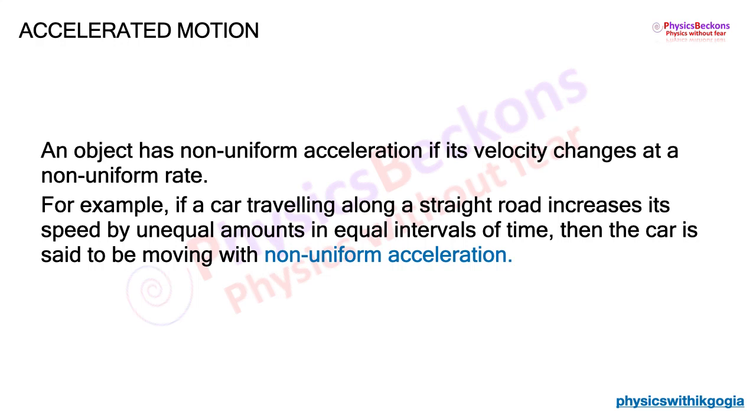Acceleration is a vector quantity, so acceleration may be non-uniform even if the body is changing direction. That is, if it is not moving along a linear path, then the motion will be non-uniformly accelerated motion.